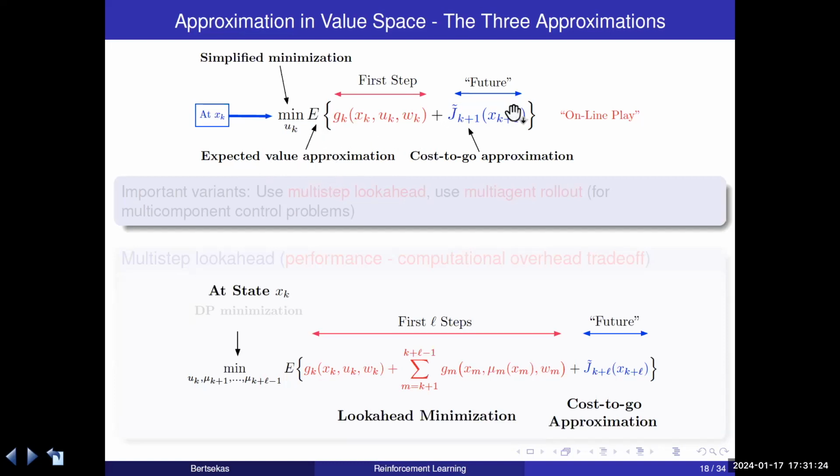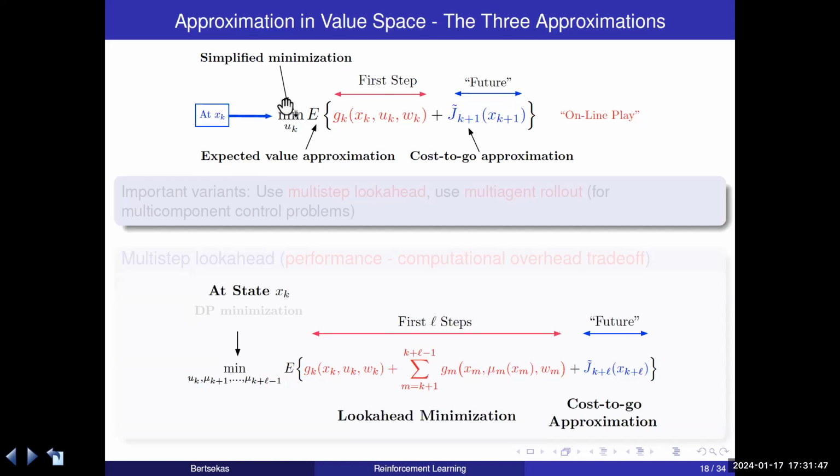For example, if this expected value is computed by simulation, Monte Carlo simulation, you may consider limited simulation, or even approximation of this W by some typical value, a form of certainty equivalence. This minimization can also be difficult, so you may consider some kind of simplification in the minimization. It's another form of approximation.